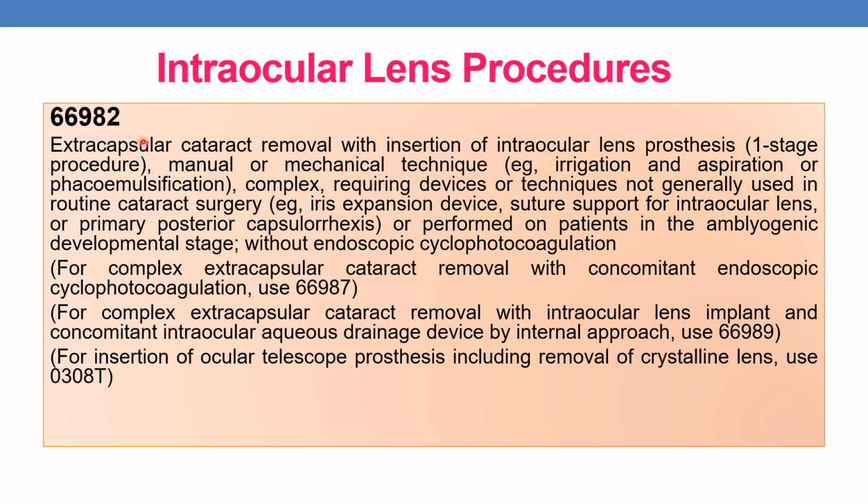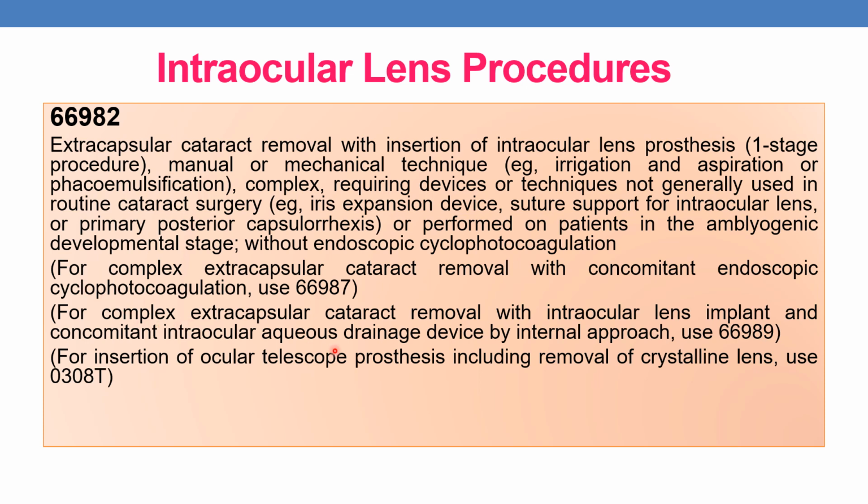In simple terms, extracapsular cataract removal with insertion of intraocular lens prosthesis, complex, then you can quote 66982, and for complex without endoscopic cyclophotocoagulation. And for complex extracapsular cataract removal with concomitant endoscopic cyclophotocoagulation, you need to use 66987.